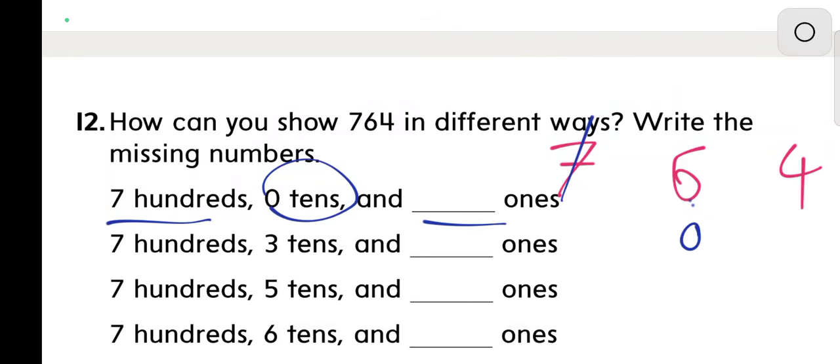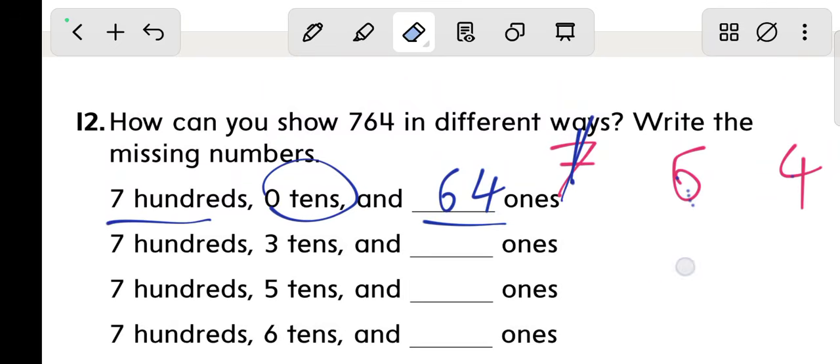How many ones are left? He takes this 7 and he takes 0 from 6, so what is the number left? The 4, and 6 he takes from the 60, so equals 6, so the answer is 64.